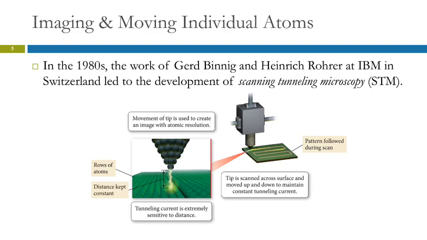So basically the tip's coming across, and when there's a bump on the surface, it lifts up, and then it'll go back down. And if there's a bigger bump, it'll lift. So it's kind of like a topographical sort of mapping. It doesn't give us a visual image directly, but we can take the computer signals and create a visual image with them.